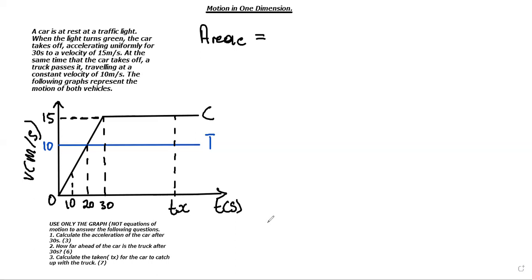the car, we can see that the area under this graph, it's going to be a right-angled triangle. Do you see that? And in order for you to find the area of a right-angled triangle, you just say it's half base times the height. So what is your base? Your base will be 30 seconds.